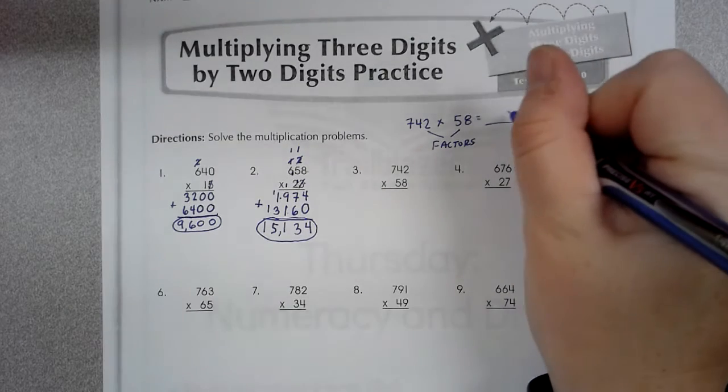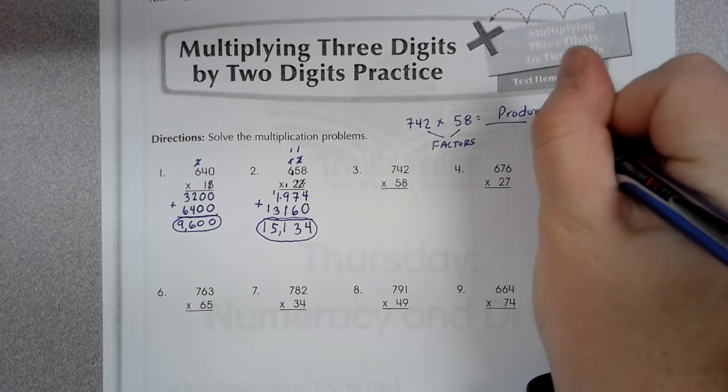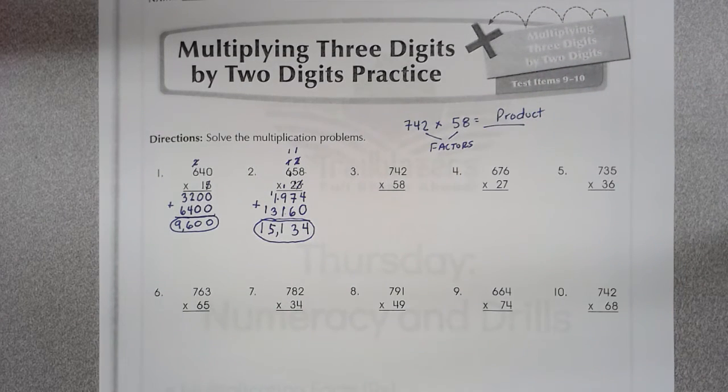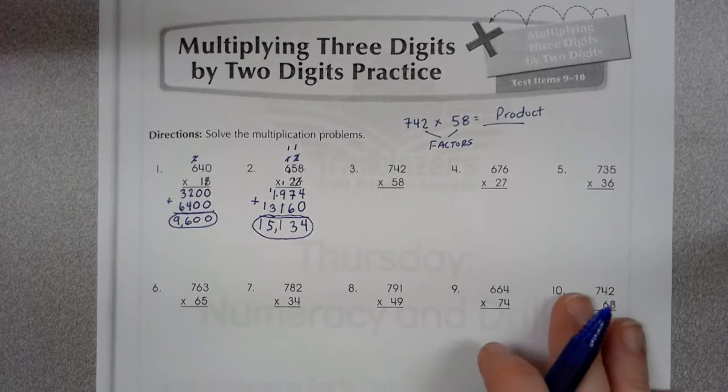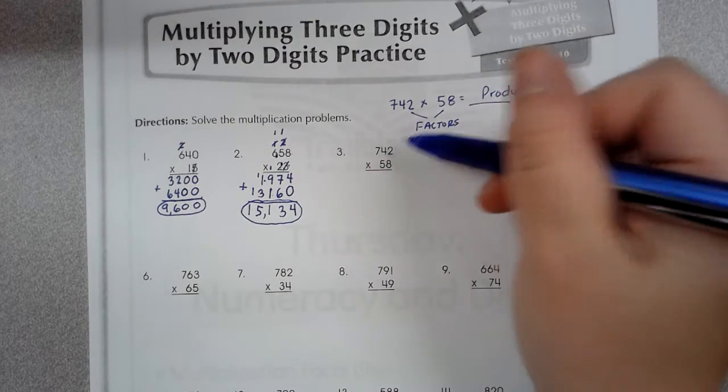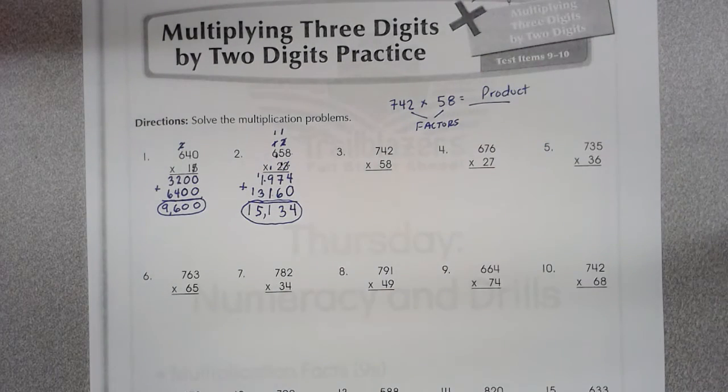The answer is a product. So when you read or hear that, that's what that means. You have a factor, which is the part of the multiplication problem that you're multiplying by, and then your product is the answer.